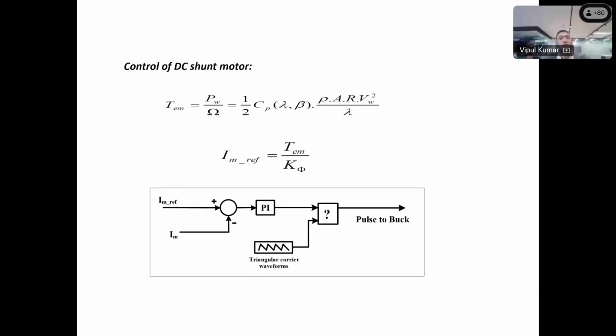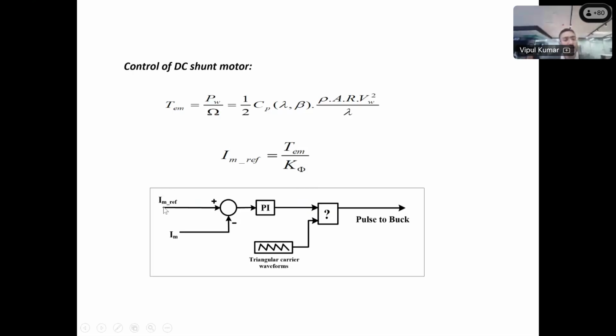We are getting the RPM data from the motor, so we get the torque here. This is the turbine torque equation, and this is the DC motor torque equation. We equate the torques, and then we get the I reference, the motor current reference.